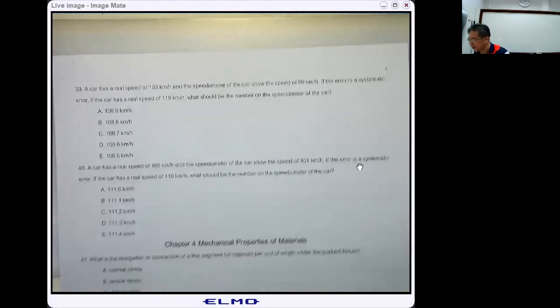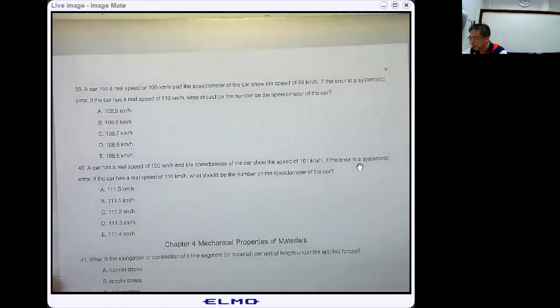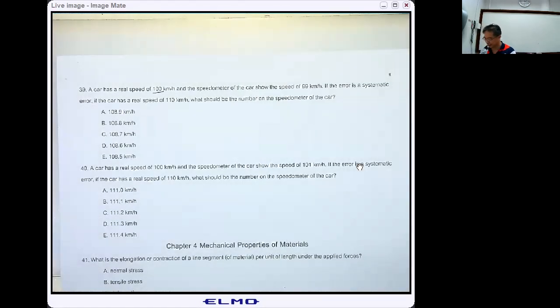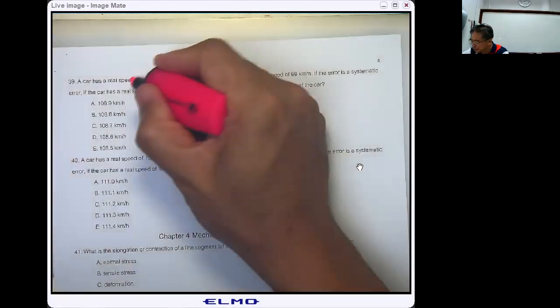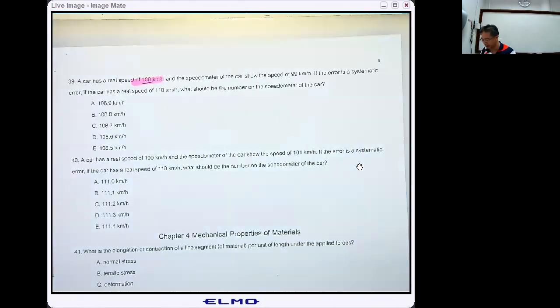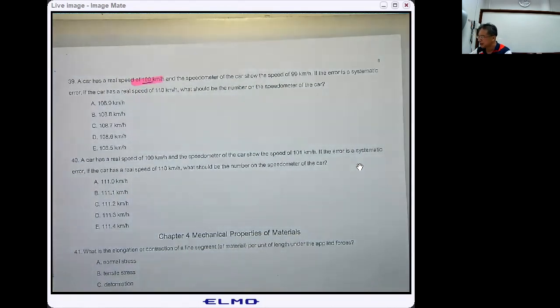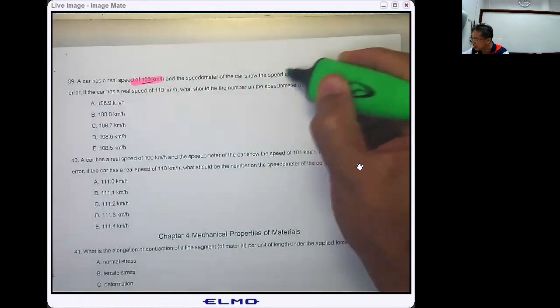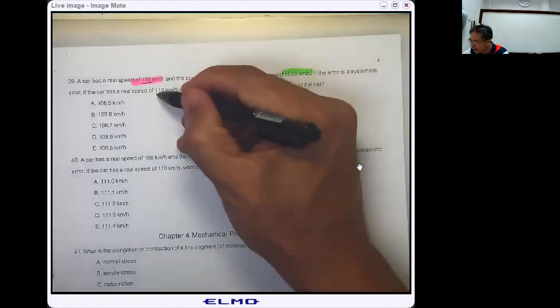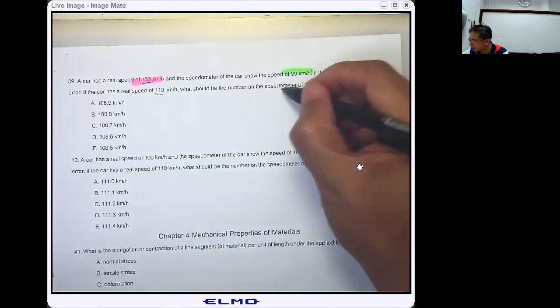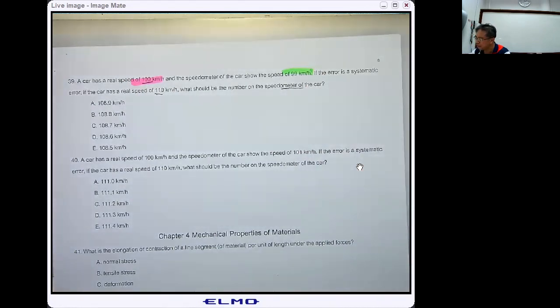A car has a real speed of 100 kilometers per hour. Okay, the official speedometer shows that your car is going just only 99 kilometers per hour. If the error is systematic, and your car drives at 110, what should the speedometer of the car show?